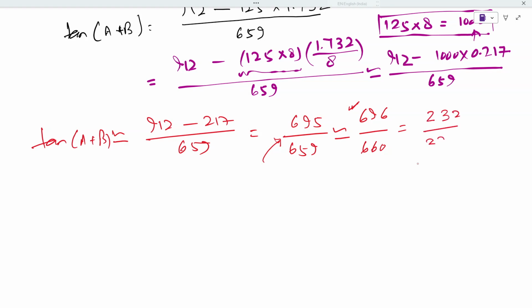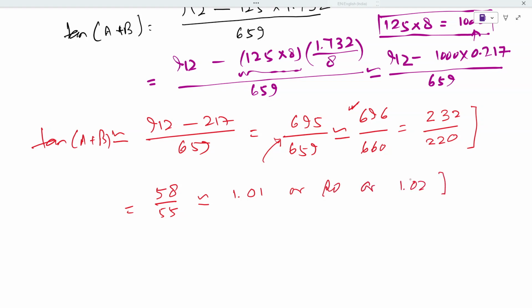And of course in this fraction both numerator and denominator are divisible by 4, and this is 55. So I get approximately a value, say 1.01 or so, or let us say 1.02 at the most.